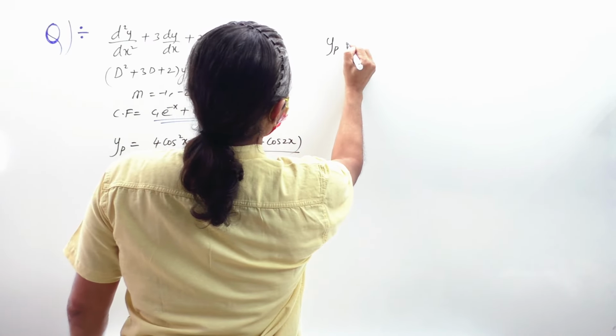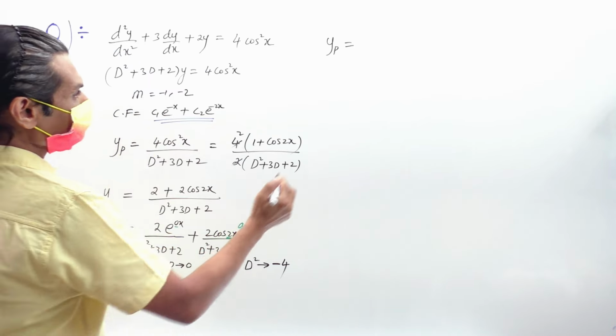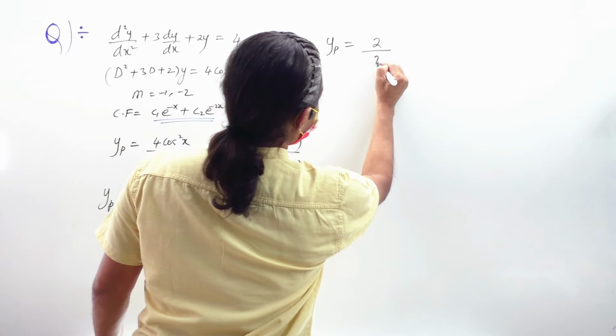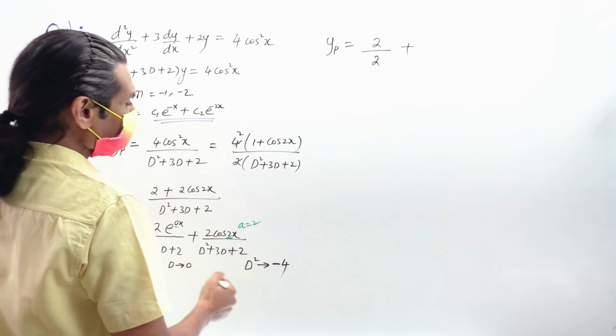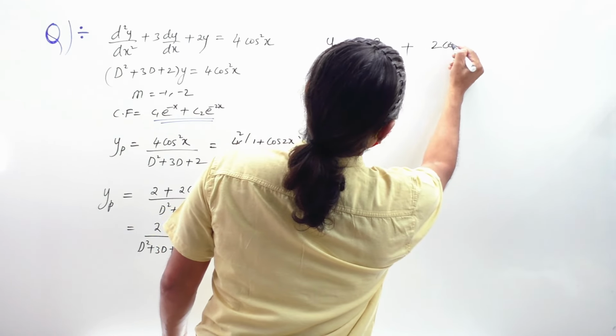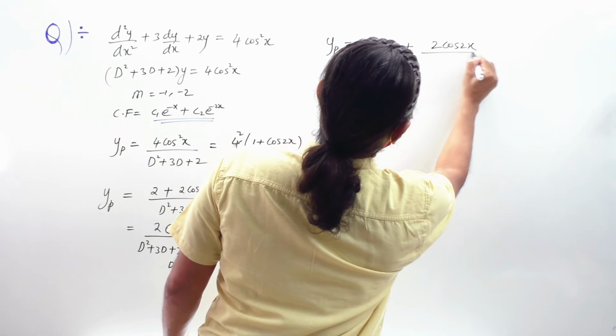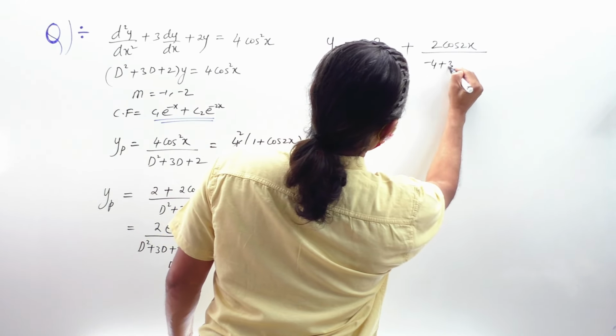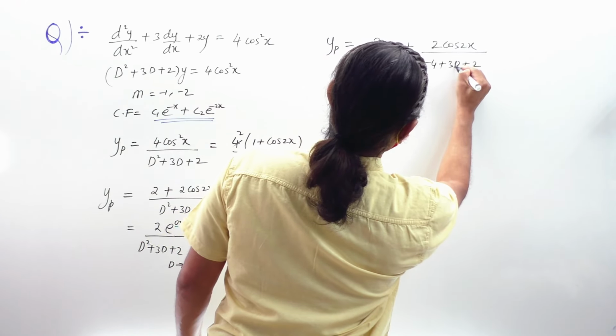Now let's write it here. So yp equals 2 upon 0 plus 0 plus 2, so that is 2 upon 2, plus, when you replace d square by minus a square, cos 2x whole divided by minus 4 plus 3d plus 2.